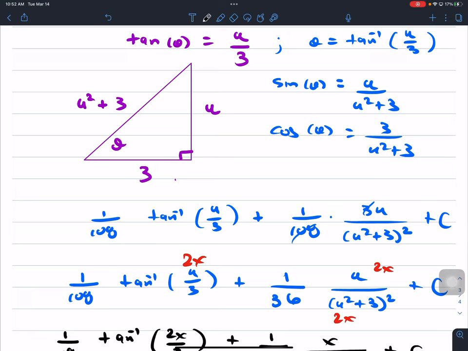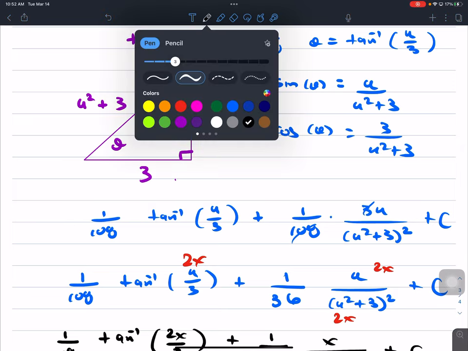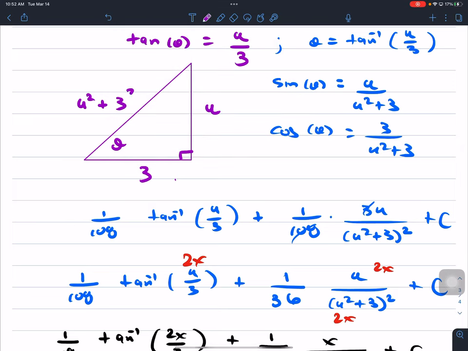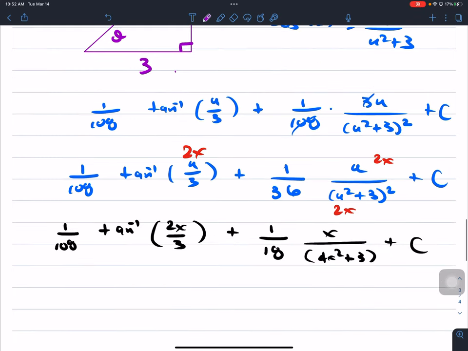U squared plus 3 squared into the... Oh, that's where it is, right here. It's not a radical. It's 3 squared. So that's going to be now here. 3 squared is 9. So we get 9. That's what's bothering me.